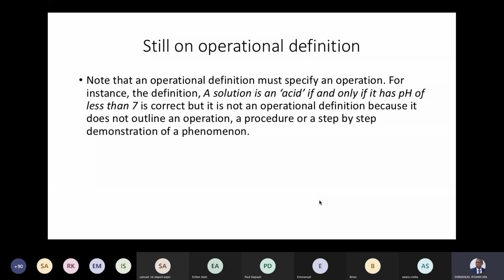For instance, the definition a solution is an acid if and only if it has a pH of less than 7 is correct, but it is not an operational definition because it does not outline an operation, a procedure, or a step-by-step demonstration of a phenomenon. So a solution is an acid if and only if it has a pH of less than 7. It's not an operational definition.